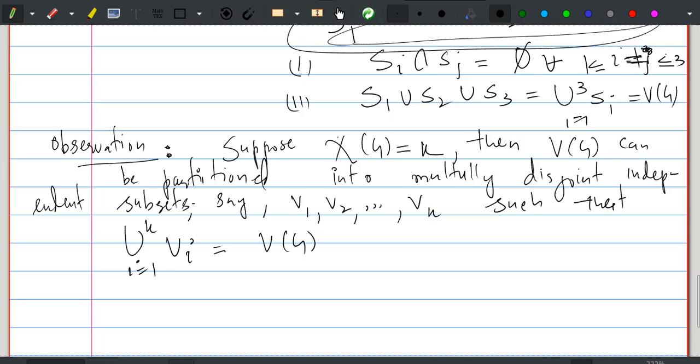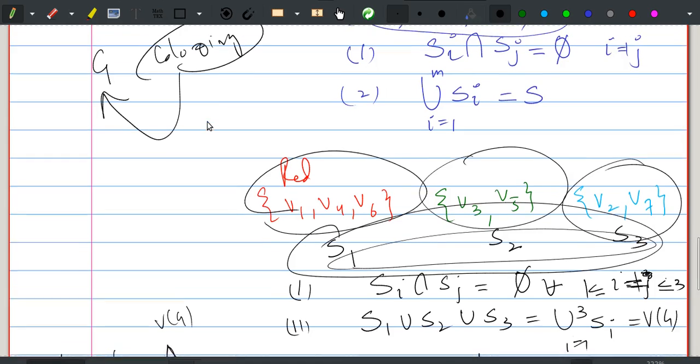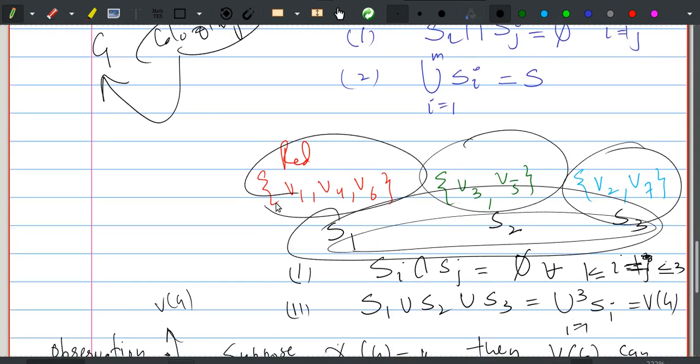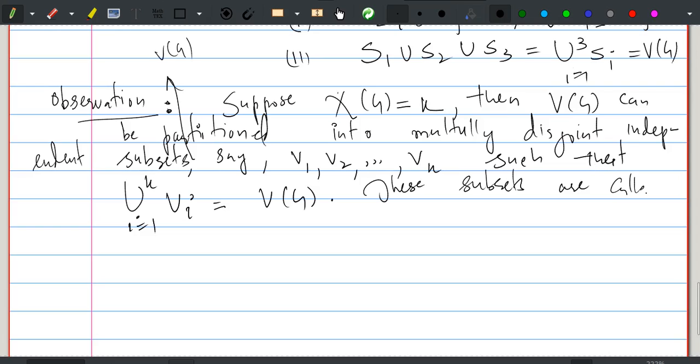Of course, they are subsets of V of G. And these subsets are sometimes called the color classes.